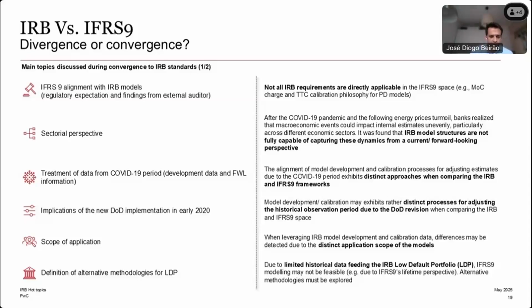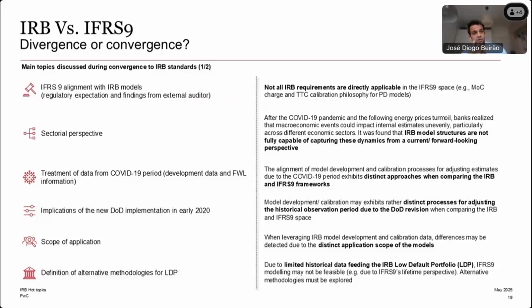In terms of DoD and the specific treatments that are done to deal with the COVID period, what is relevant to highlight is that in recent calibrations, what we observe is that in the IRB, there are already specific methodologies to deal with the appropriate adjustments that are specific to adjust default rates or to adjust recoveries in the case of LGDs.